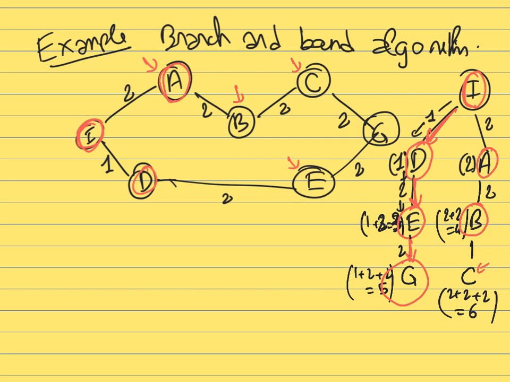So you cannot possibly find a path through this branch that will allow you to reach the final destination, because you have already found here a path that allows you to reach the destination with a traveled distance of only 5. So at this point, the algorithm stops.